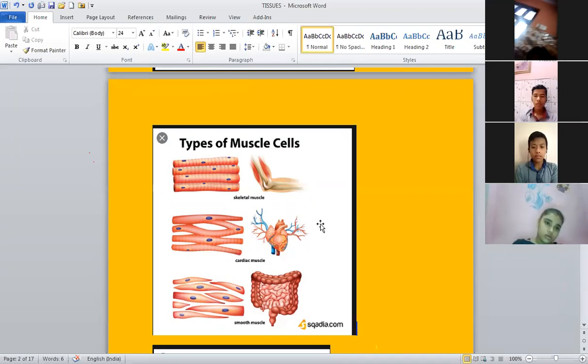Then comes the third, the cardiac muscle fibers, present only in the heart. These cardiac muscles are confined only to the heart. They are structurally similar to skeletal muscles in that they are striated and composed of cylindrical, non-tapering fibers.